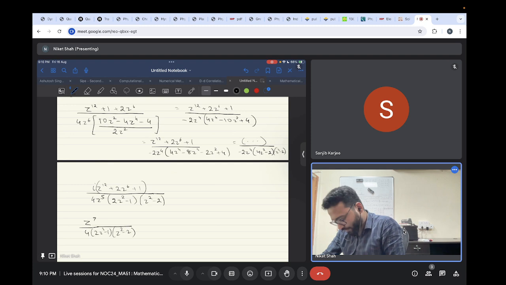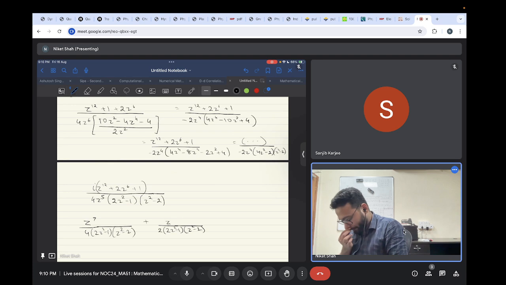That is one term, plus z by 2, (2z^2 minus 1)(z^2 minus 2), plus 1 upon 4z^5 (2z^2 minus 1)(z^2 minus 2).